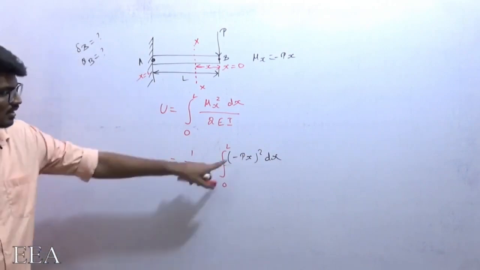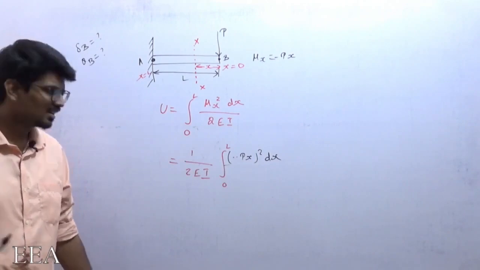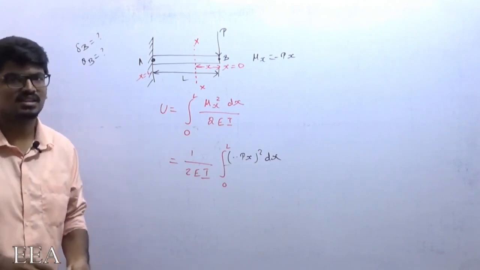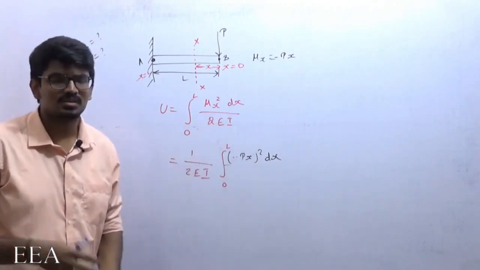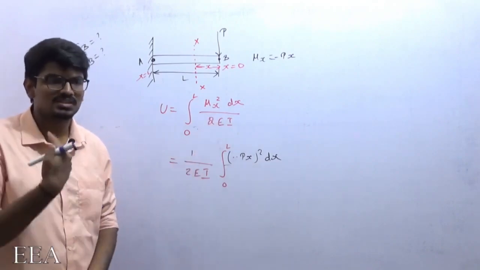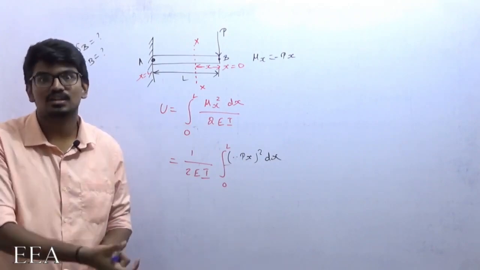Now minus square will anyway become plus. So it is not necessary to mention the sign convention here. Even in double integration I didn't take the sign convention, because we are not going to worry about the sign of deflection and theta. We need to find the magnitude.